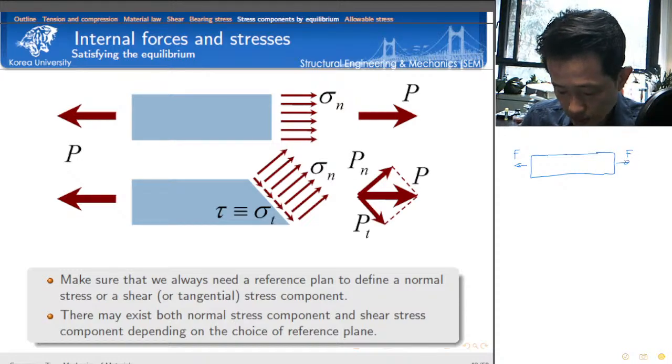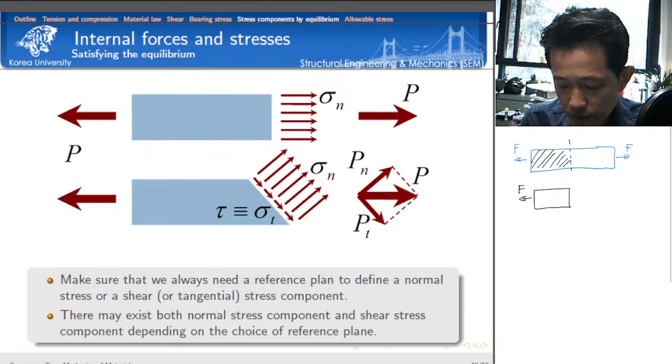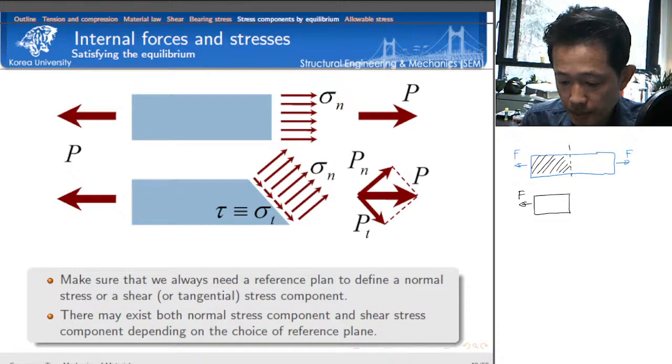Then if you consider only a part of this member, because this member is in complete equilibrium, if you consider an imaginary cross-section, and take the left-hand part of the member as a free body diagram, then we have the external force here, which is concentrated in this example.